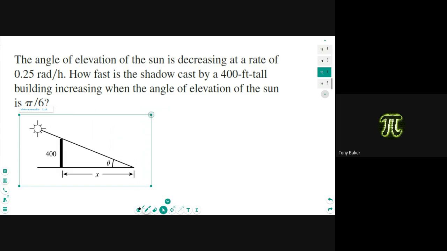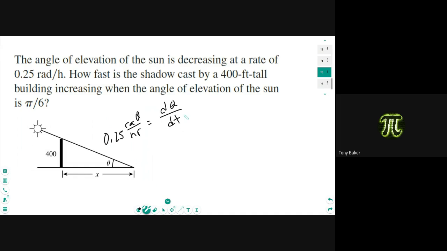And the 0.025, which would be d theta over dt.